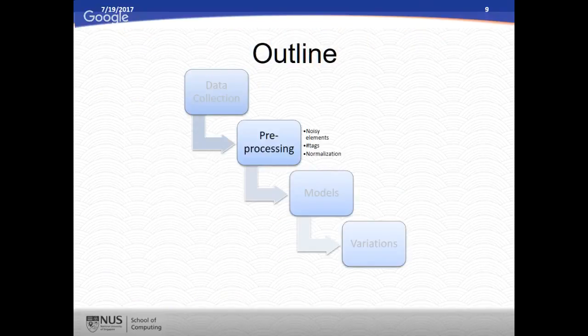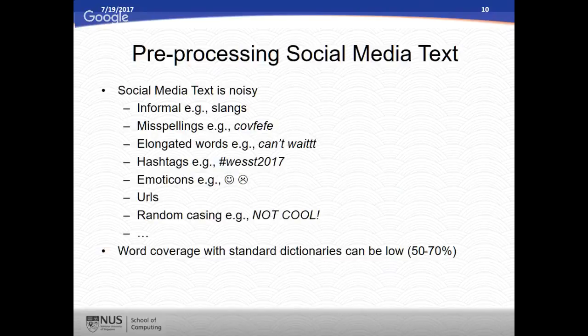Okay, moving ahead. This is an interesting part because this is social media text, and we are going to deal with all the noisy elements that are there in social media platforms. So what are these noisy elements? For example, there are a lot of slangs in the text. There are a lot of misspellings.